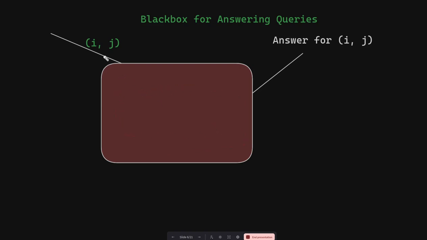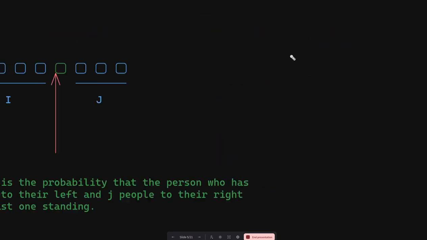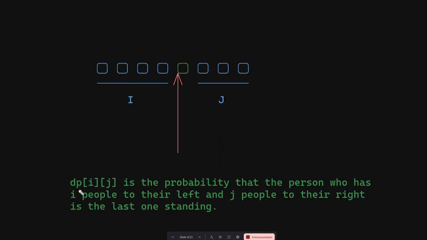All you can do is pass in some values I comma j and it will give you the answer to I comma j. And by answer to I comma j we mean that it will give you the dpij value for the particular indexes requested.